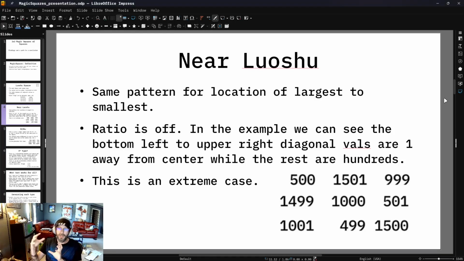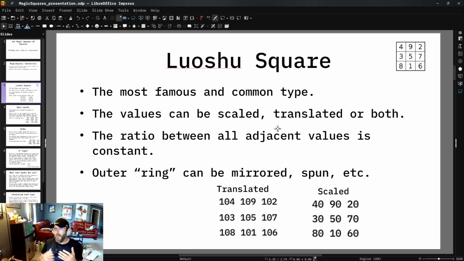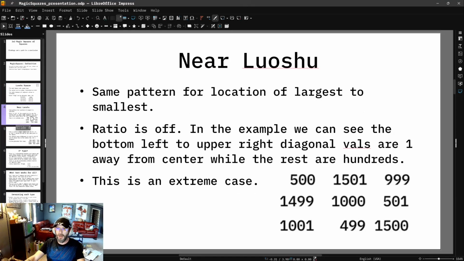So it still has the same configuration as the Loshu, but this ratio is gone. The ratio of a normal Loshu, like we talked about, is this distance between the lowest and the second lowest, either being 1 or 10 in the case of the scaled one, 1 in the case of the normal Loshu, and so forth. This is gone in this case.